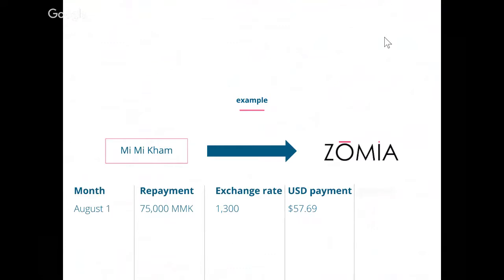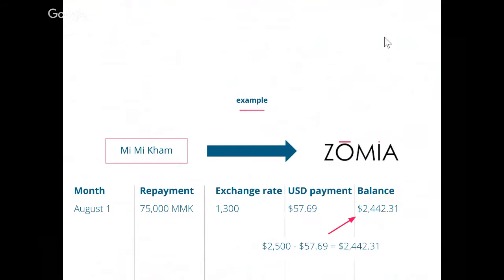So Mimi's loan balance is now $2,442.31 because all we've done is taken the total amount that she had left to repay and subtracted her monthly payment. And this continues each month.